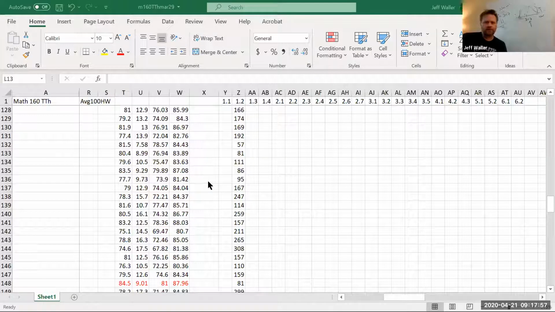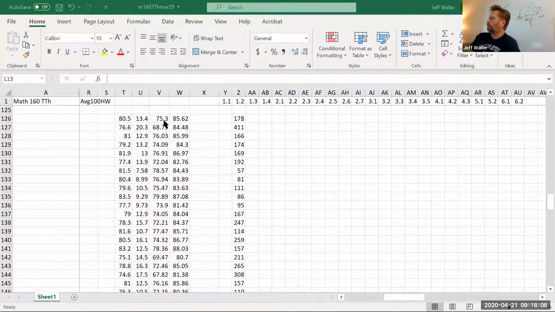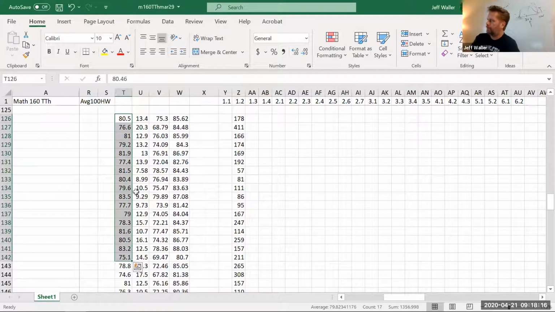Can you guys see an Excel spreadsheet now? Yes, okay. So now watch. This is kind of cool. If you did that sheet and turned it in, one of these little intervals is your interval, right? These are all the means that people got, and these are all the standard deviations that people got.